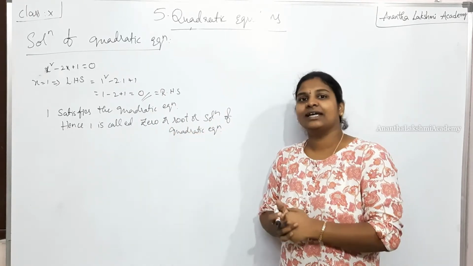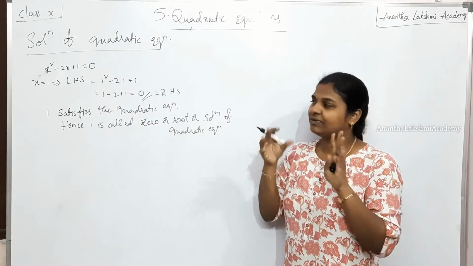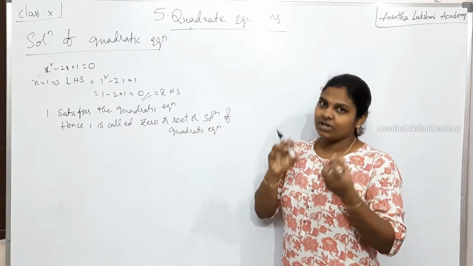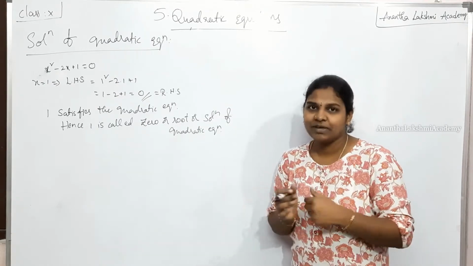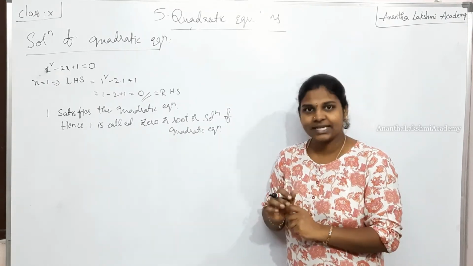Now let us standardize this. Once you get to know the definitions in simple terms, for your better understanding, I am telling you in simple words first. Later I am giving you the definitions as given in the textbooks.